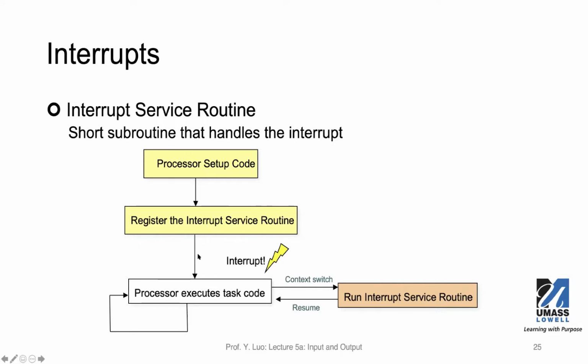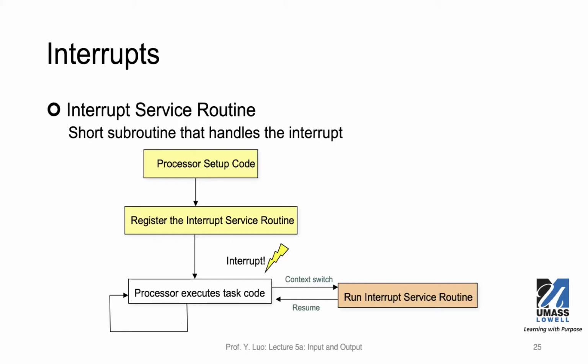Once you do that, then you can proceed with your normal task. Your main application will be here, and the processor will execute your main application or task code continuously. Because we're talking about embedded applications, you will expect to have an infinite loop such that your main task will be executed all the time without stopping.